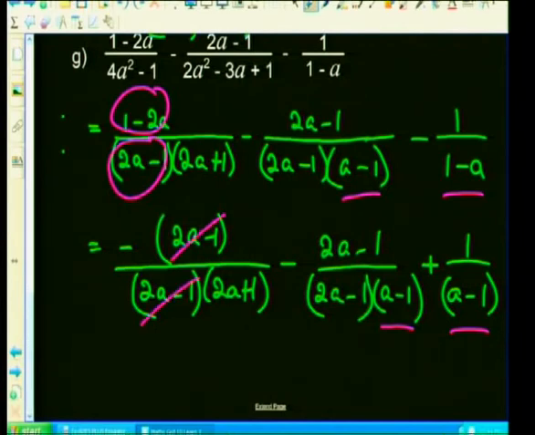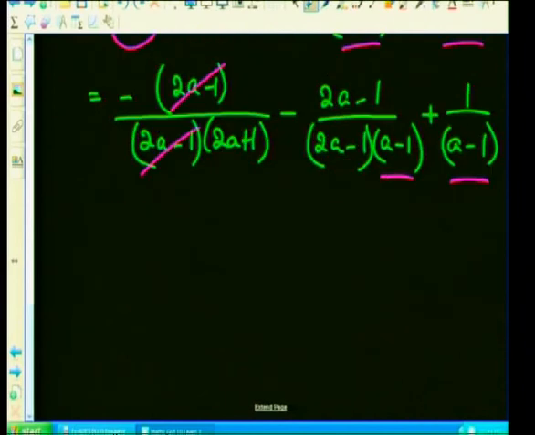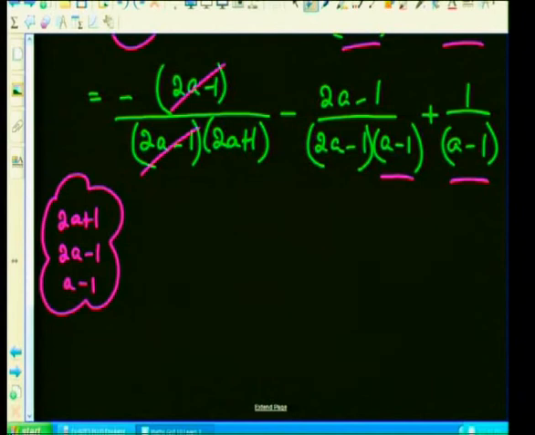That one can kill off that one, just technically for the moment. So let's have a look at our common denominator. Well, we're going to have a 2a plus 1. We're going to have a 2a minus 1. And we're going to have an a minus 1. And there we have 3 factors as our common denominator.